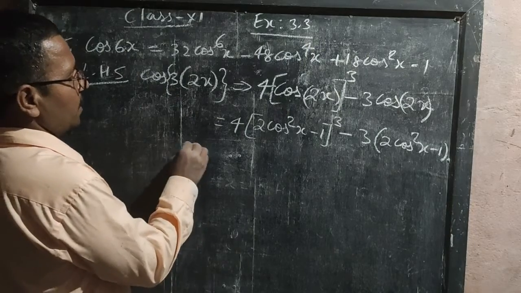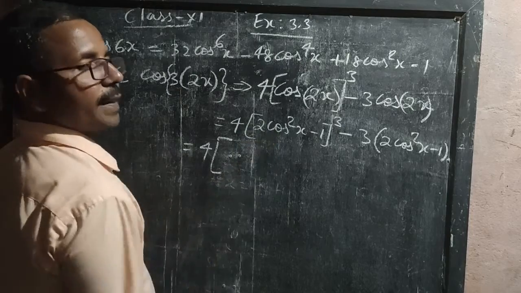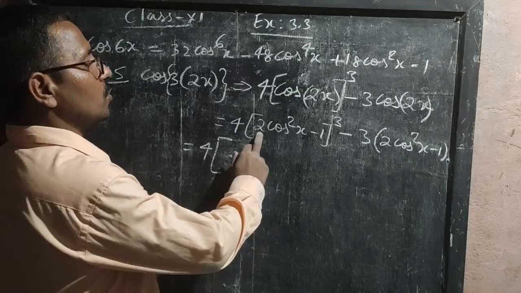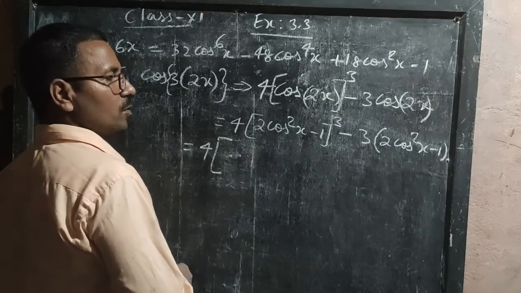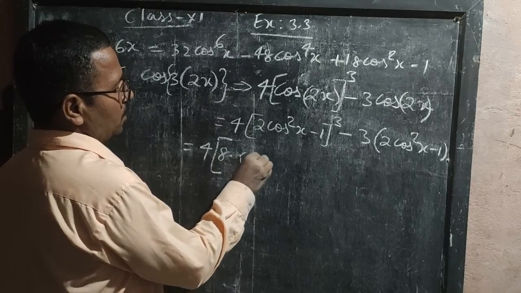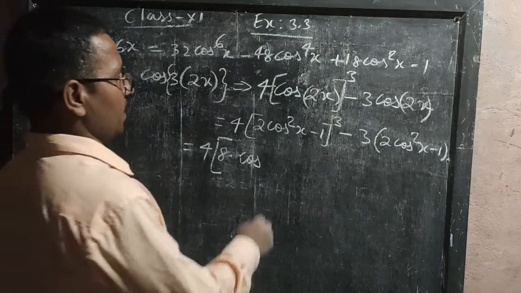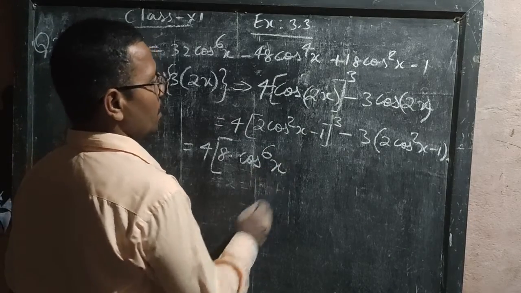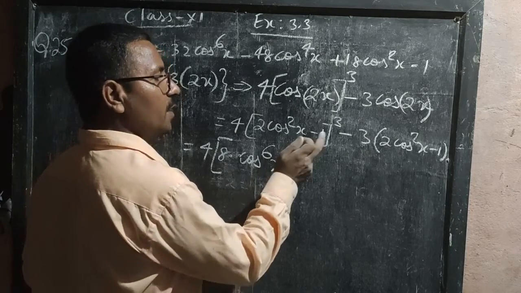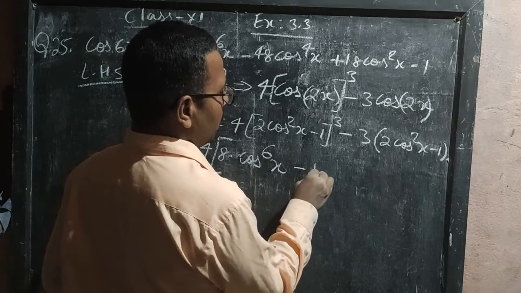So what will we get here? 4 times a cube: 2 cube is 8, and cos cube becomes cos to the power 6x. Then b cube, that is 1 only.